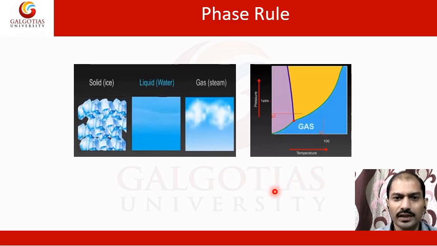This point is also known as the triple point, where all three phases meet. So this is the terminology which is generally required to know before going into detail about what is the phase and what is the role of temperature and pressure.